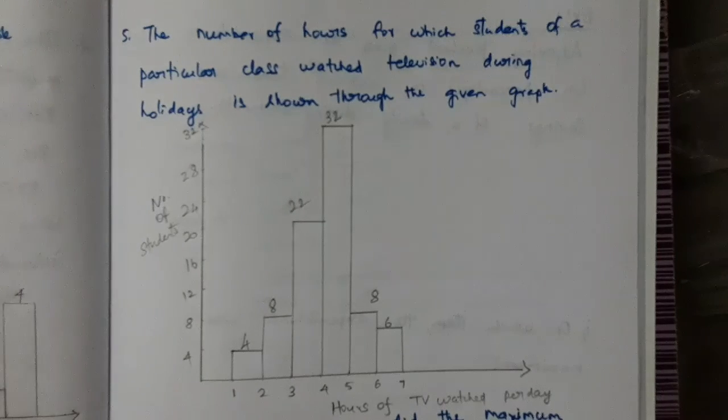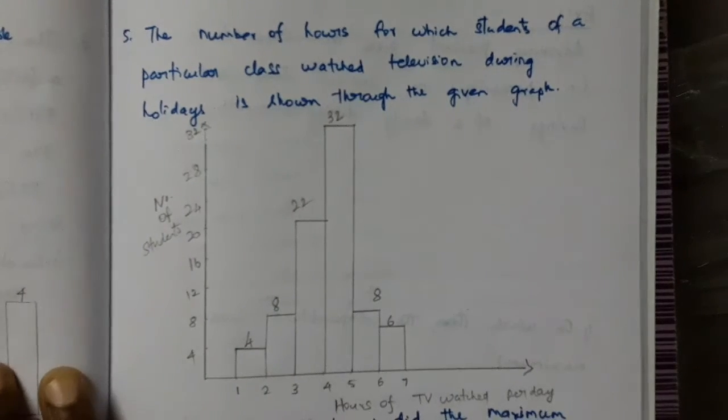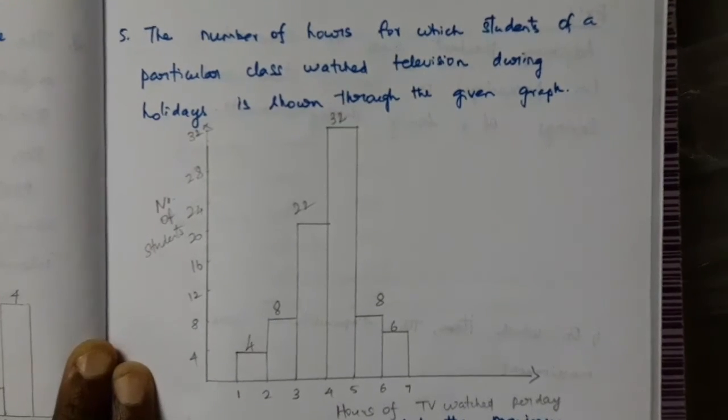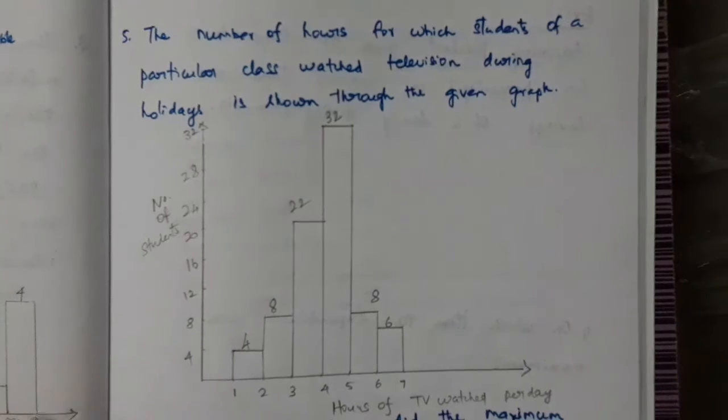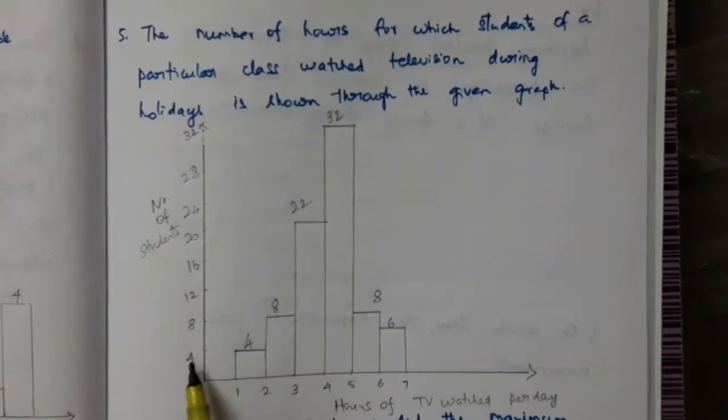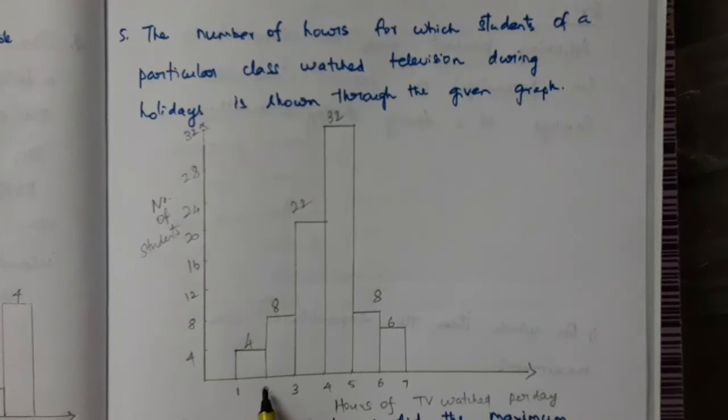The last problem is the number of hours for which the students of a particular class watched television during holidays is shown through the given graph. So here the information given is hours of TV watched per day. So here if you see, 4 students watched 1 to 2 hours per day.